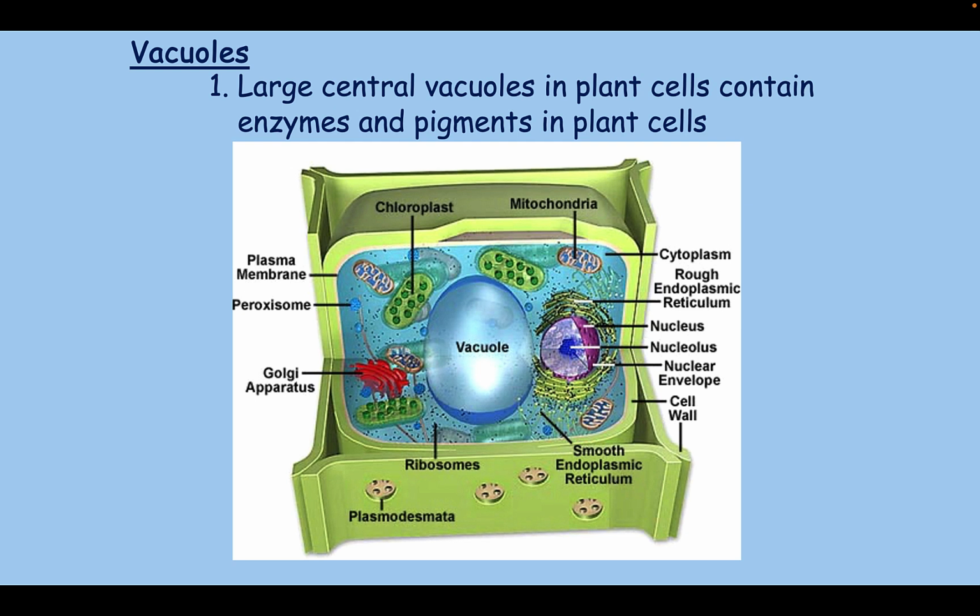But the one vacuole that I want you to make sure you know about is the central vacuole, which serves to maintain the plant's shape, and also to contain some enzymes and pigments. Again, when I stress something like this, that's really important. So make sure that you write these things down when I stress them.